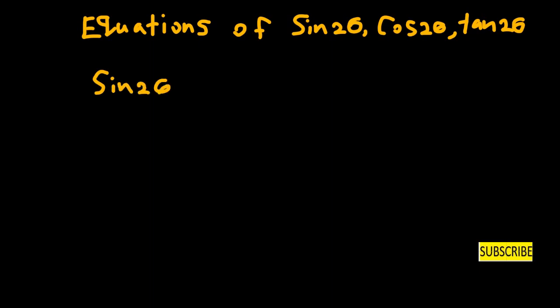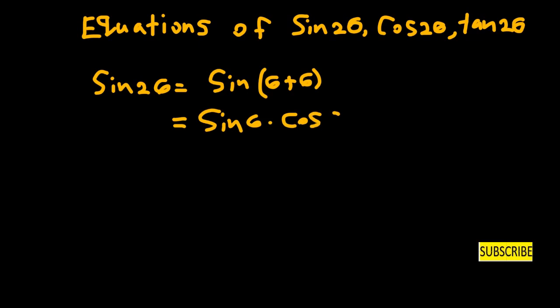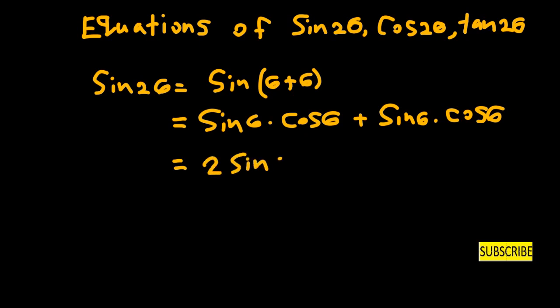Sine 2 theta can be written like this: sine theta plus theta, and that should be equal to sine theta cos theta plus sine theta and cos theta. Then we know both these two expressions are equal, so we can add them, and that is equal to 2 sine theta cos theta.